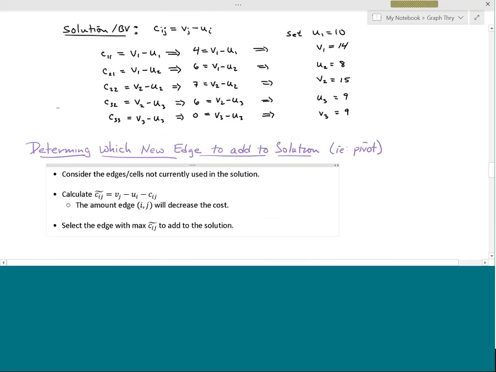This is the amount that the edge ij, the cell ij, would decrease in cost if you included it in your solution set. What you then do is you want to reduce your total cost the most, so you select the edge with the largest cost with a tilde over top of it.